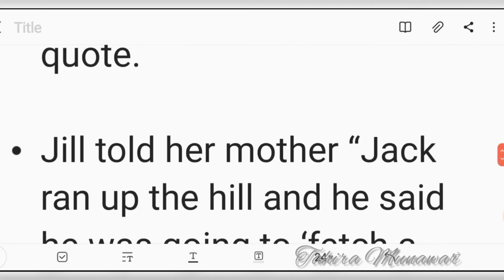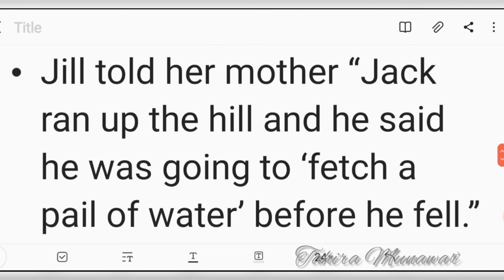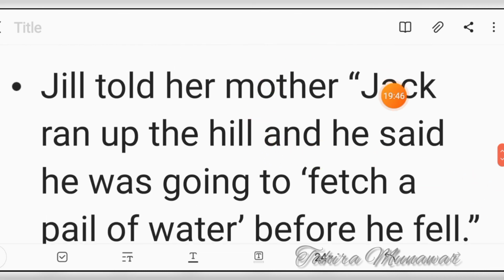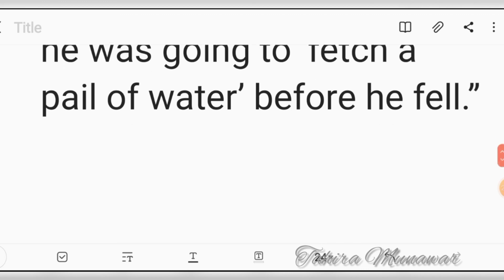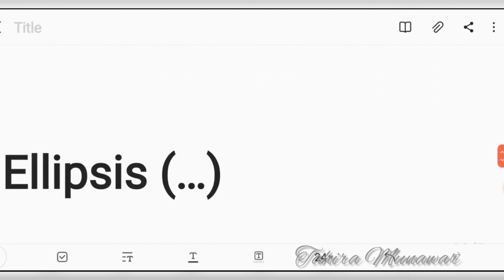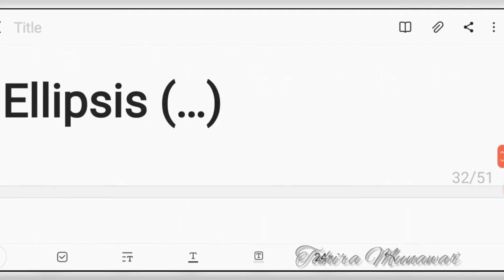When you are writing a quotation within a quote, then you will use single quotation signs. Jill told her mother, "Jack ran up the hill and he said 'I am going to fetch a pail of water' before he fell." So this single quotation mark is used to insert another quotation within a quotation.